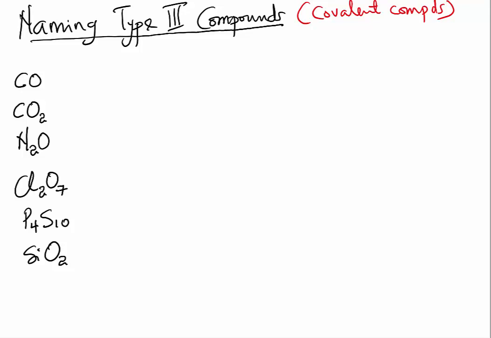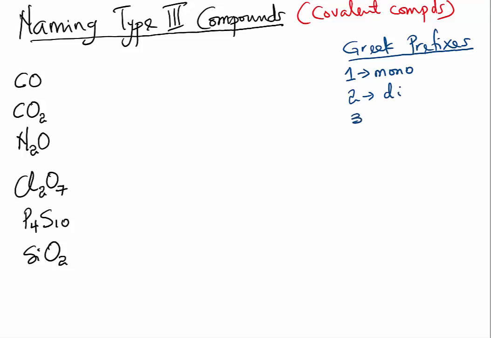So let us first learn about Greek prefixes. 1 is mono. 2 is di. 3 is tri. 4 is tetra. 5 is penta.